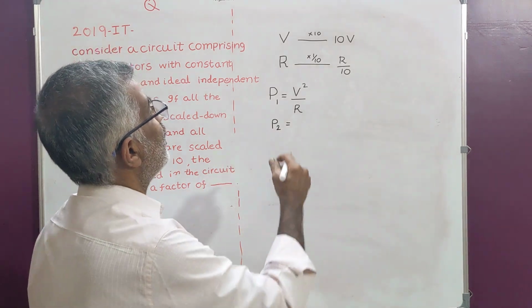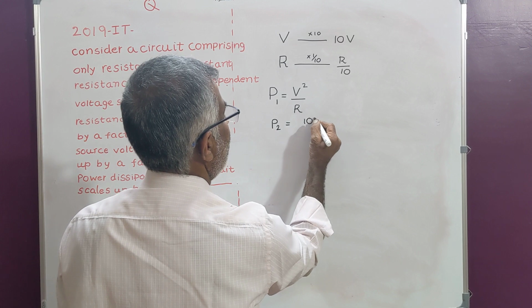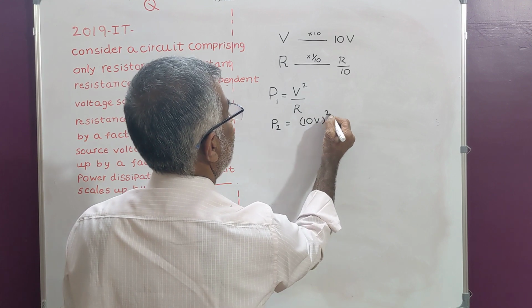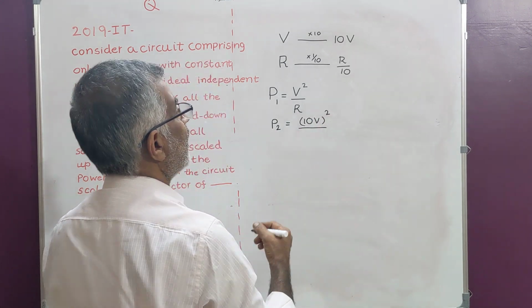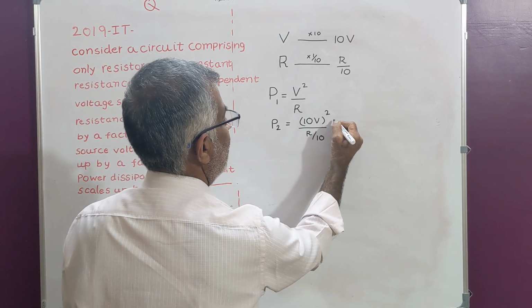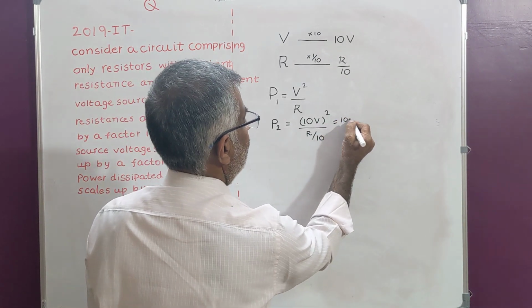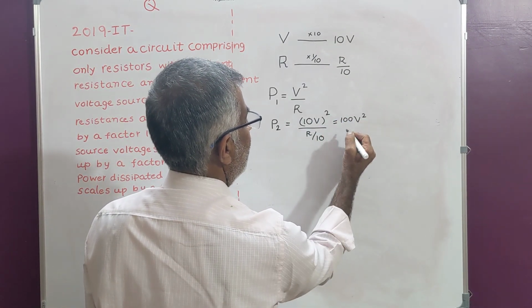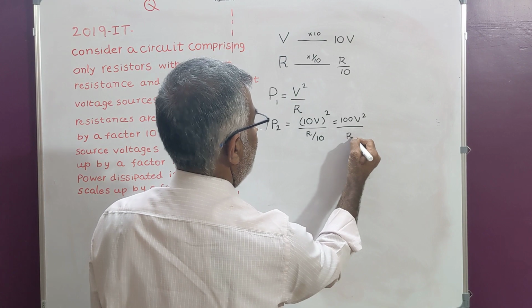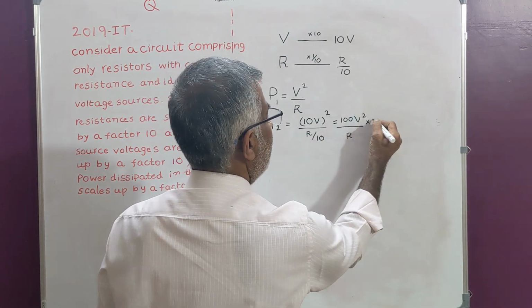Power P2 equals V squared by R, that is 10V whole square by R by 10, equals 100 V squared divided by R into 10.